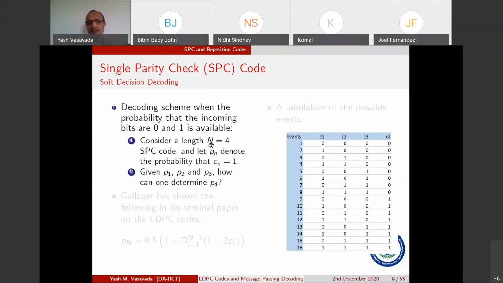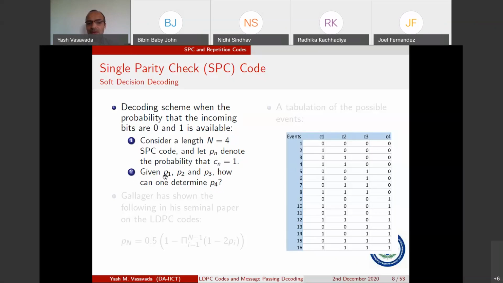So let us consider again the same length-4 SPC code, and let P_n denote the probability that the nth coded bit is 1. This is the probability that the demodulator has given to the decoder. Now, here is a question I ask of you.